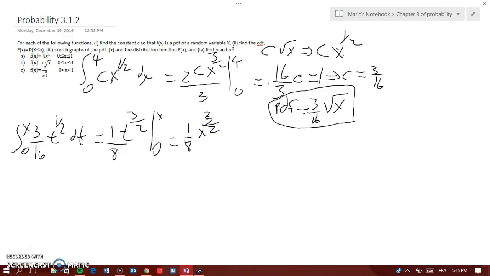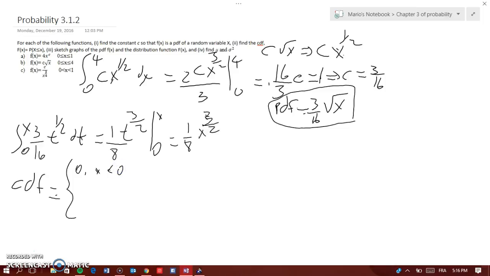Now, the CDF, remember, always has 3 parts. It has the part where it's 0, where x is less than 0.